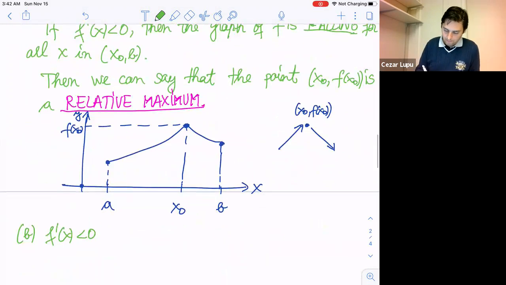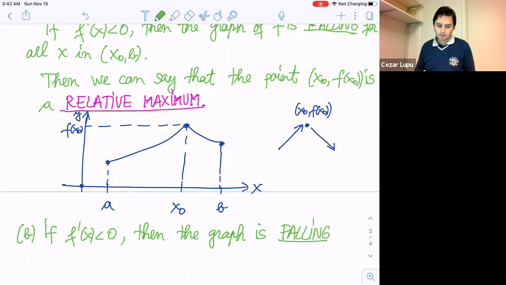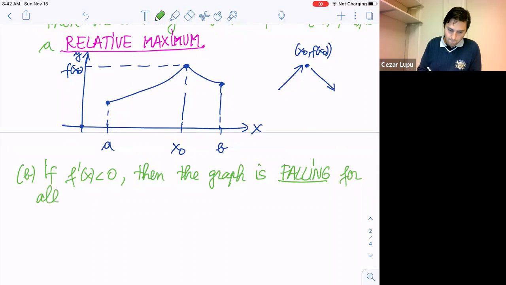So if f prime of x is less than 0, then the graph is falling for all x in a x naught.